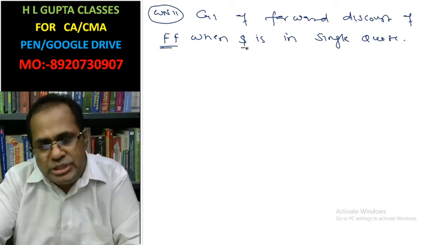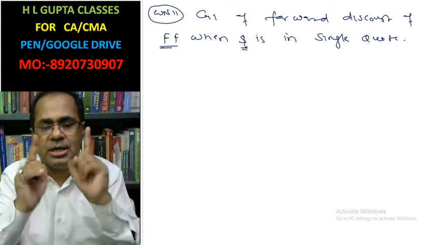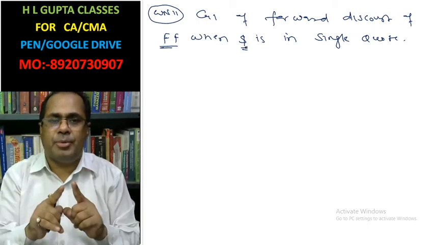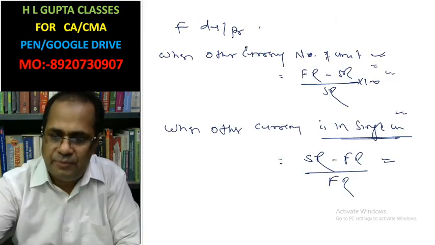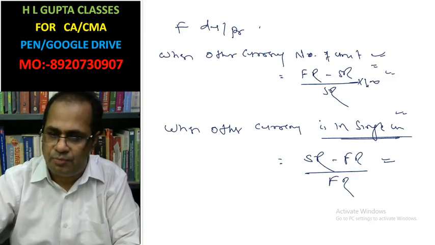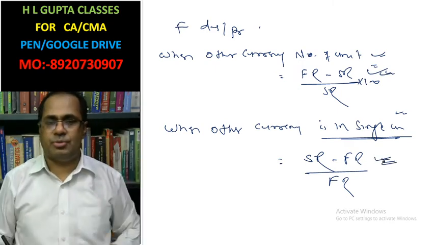We have to see whether the currency dollar is in a single unit or in number of unit. If it is in number of unit, you write the first formula. If it is in a single unit, you write this one.